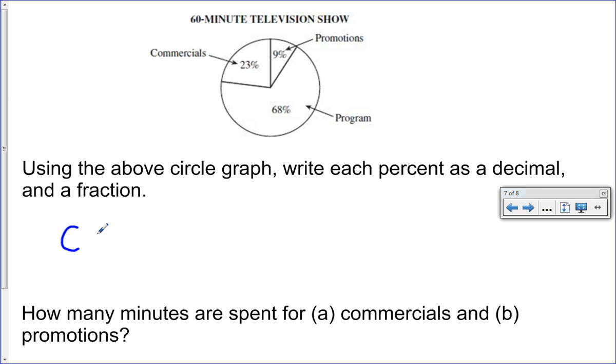So if that's 23%, well, I can just write 23 over 100, or as a decimal, I can write 0.23.